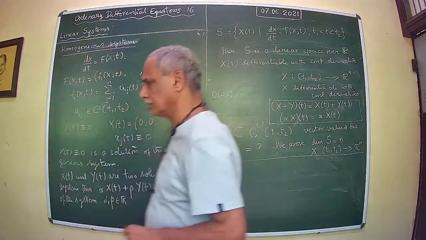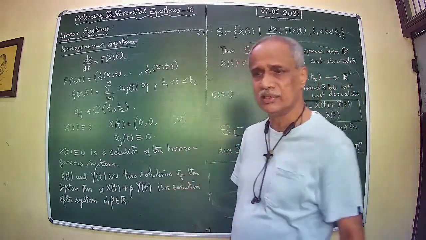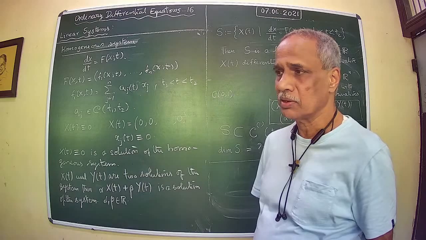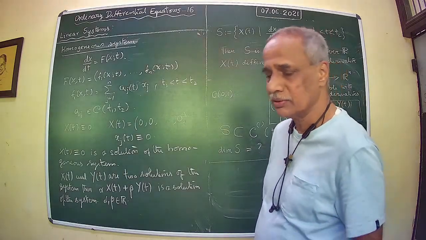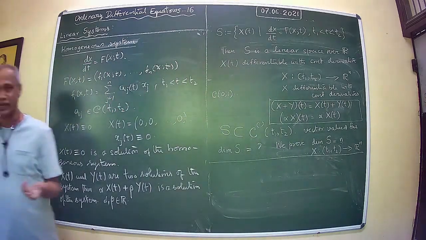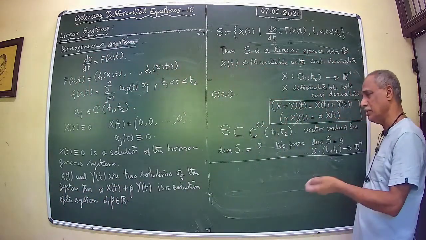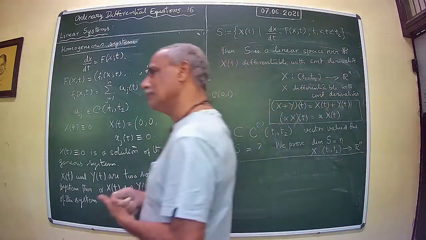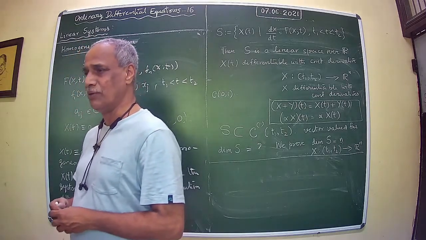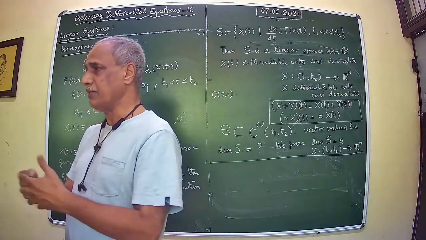You would have been solving this. What would have been the method that you have adopted? If you take the homogeneous equation, then the method is the following. You write down the auxiliary equation, you get a polynomial of degree n, and then find the roots of that, write down solutions corresponding to each root, put them together, and you get the general solution. This technique you would have been told, but now what we are doing is the theory which supports it.